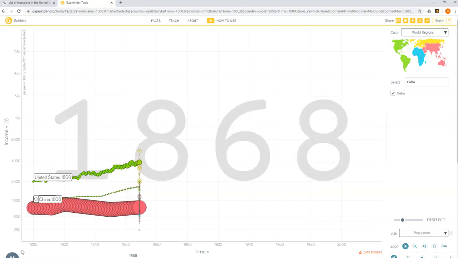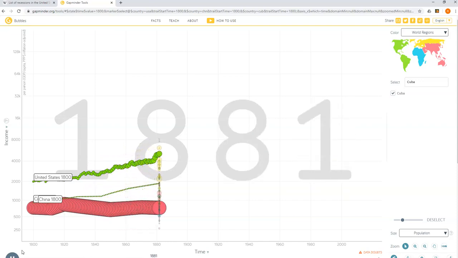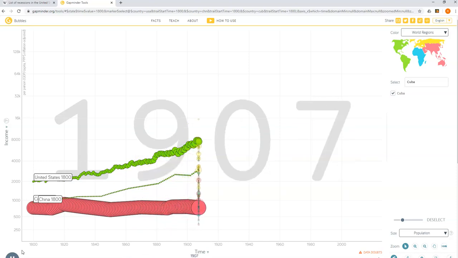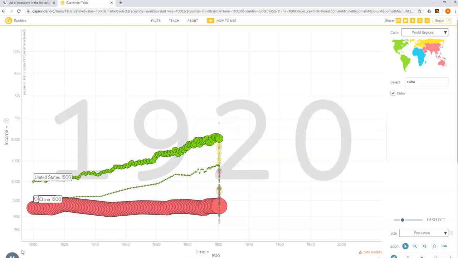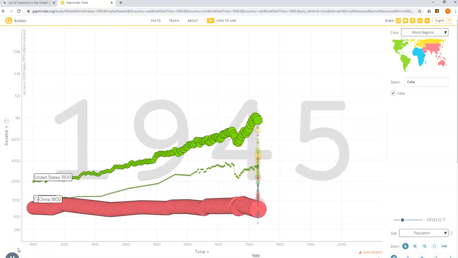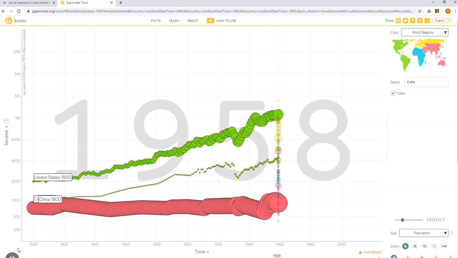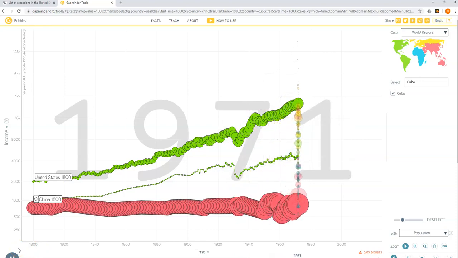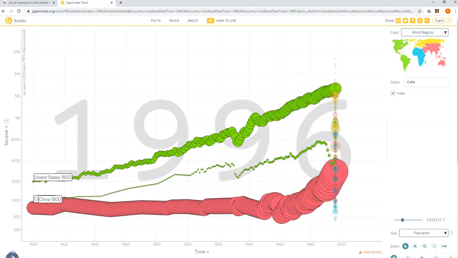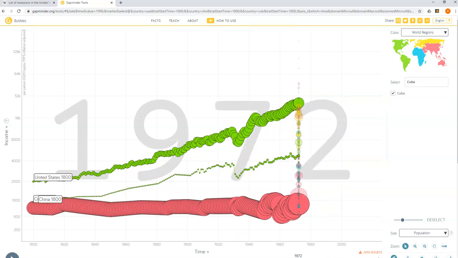By the way, the size of the ball represents the size of the population of that country. All right, let's stop it somewhere on here. Actually, let's go back to about the 1980s or so.